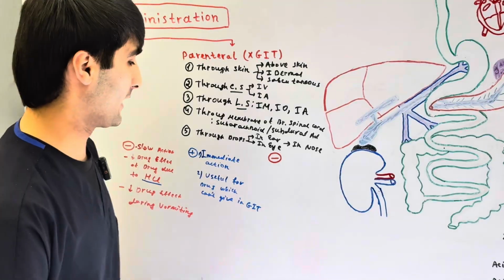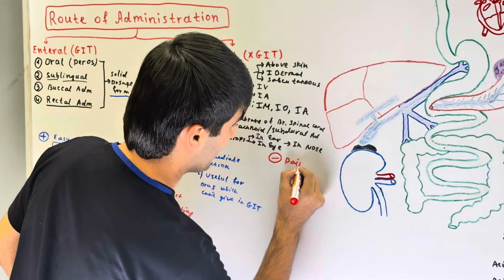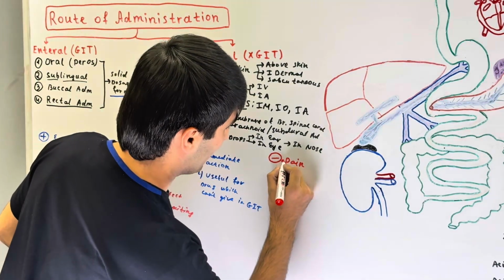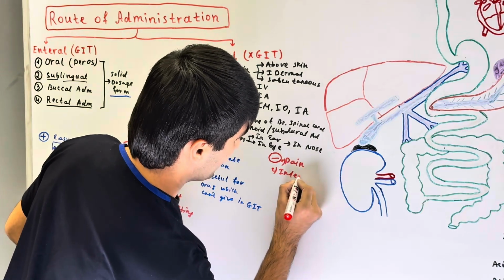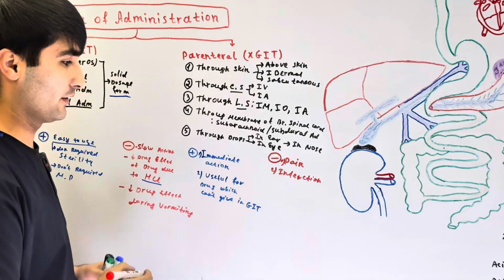The first disadvantage of the parenteral types of administration is what? Pain. Why? Because through the injection we will administer the pain. The second one, infection. We will open the gate for infection.